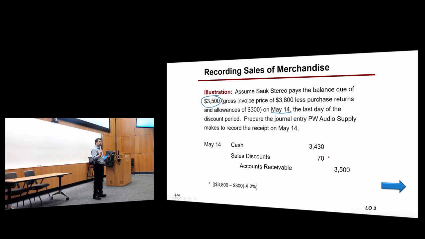You remember that? 70 is simply the 2%, multiplied by 3,500. So the company would receive the cash minus the discount. In this case, the company will use sales discount.